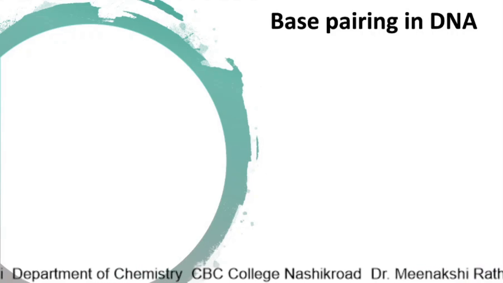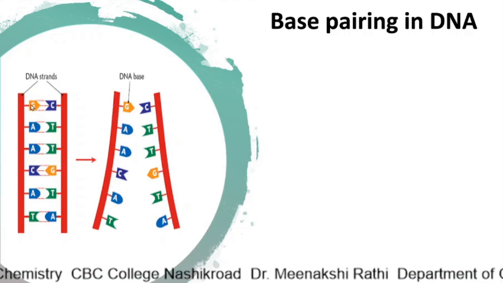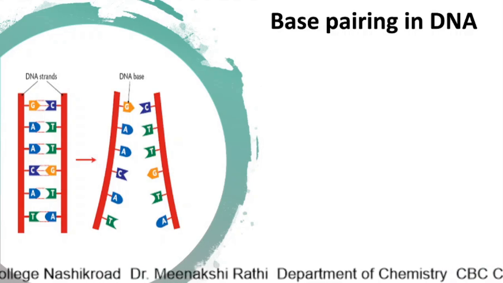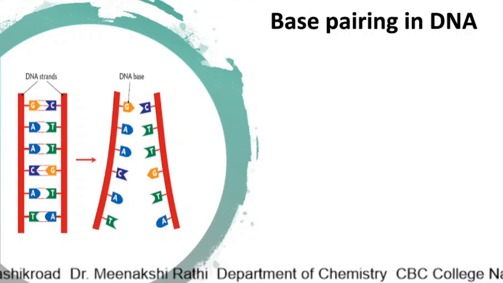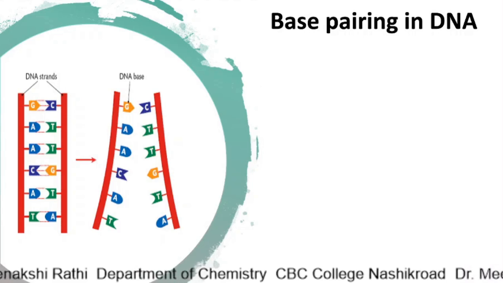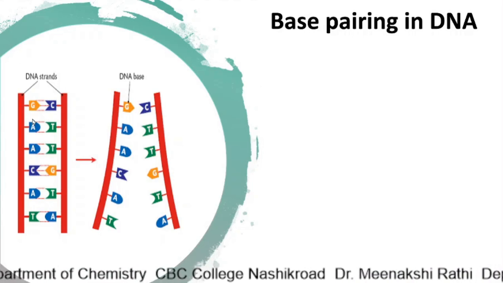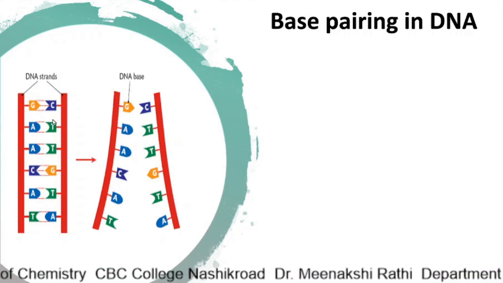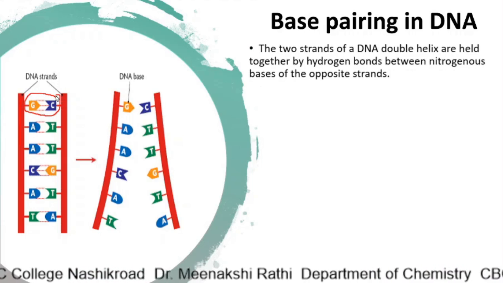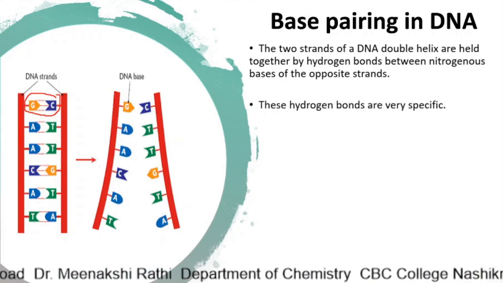Now the next is base pairing in DNA. Here there are the two strands of DNA. The two strands of DNA double helix are held together by hydrogen bonds between nitrogenous base of the opposite strand. This is one strand and this is another strand. Each strand has nitrogenous base, and these nitrogenous base are linked with each other through the hydrogen bonds.